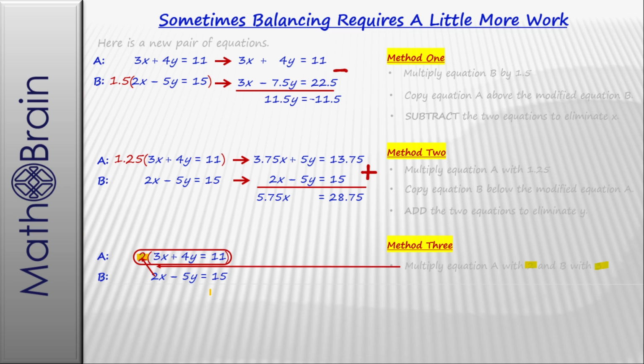Put simply, we interchange the coefficients of the variable to be eliminated. So we take the coefficient of x in equation B, which is 2, and multiply the whole equation A with it. Likewise, we multiply the whole of equation B with 3, which is the coefficient of x in equation A. When you write both modified equations here on the right, you notice each equation has 6 x's, and both are positive.